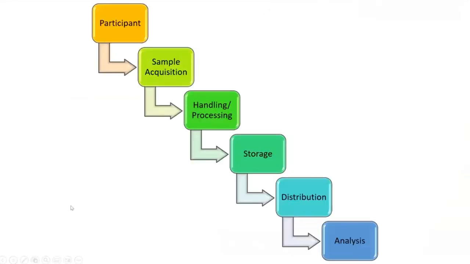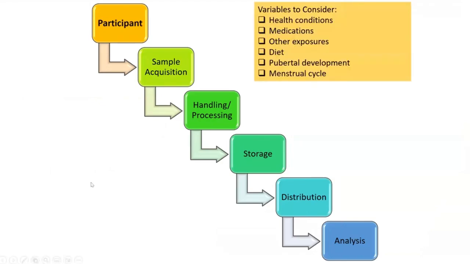So when we think about collection, we have several different elements we need to take into consideration. First, let's talk about the participant. You need to be sure to consider several factors. Do they have certain health conditions that are going to alter how that exposure is processed in the body, or even downstream effects of that exposure?